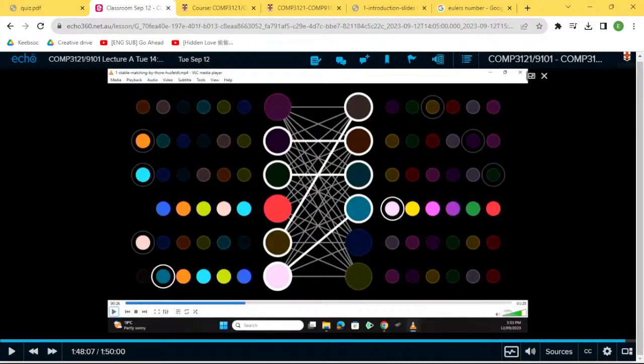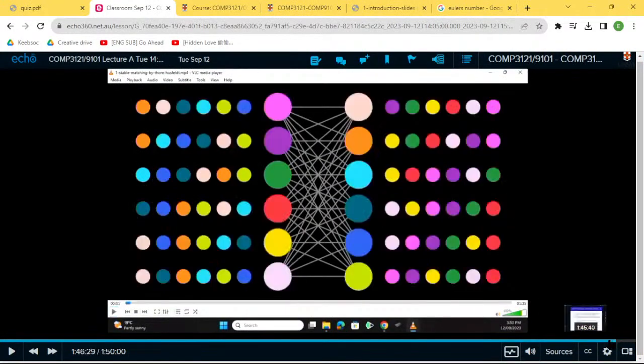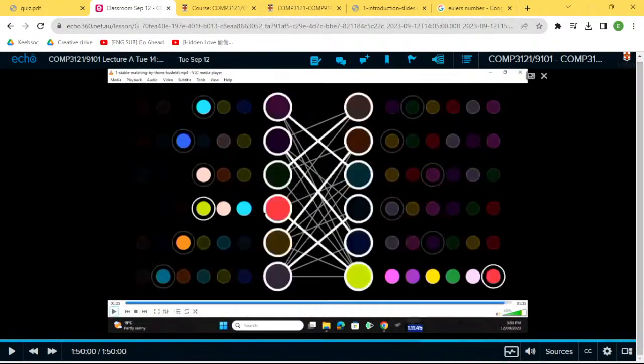Let me see the thing again. So, yellow gets put with their last preference. That's very unfortunate. At least the hospitals are pretty happy in general.